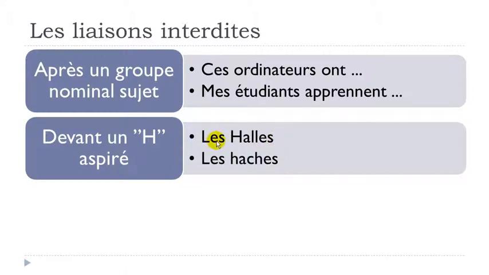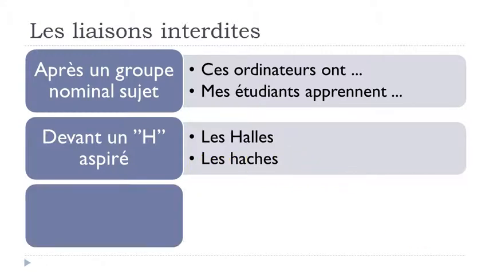So you shouldn't say les-z-halles, but you should say les halles. Same thing here. H, well, it's an axe, and in that case, it's the plural form. Les haches. You don't say les-z-haches, but you say les haches.